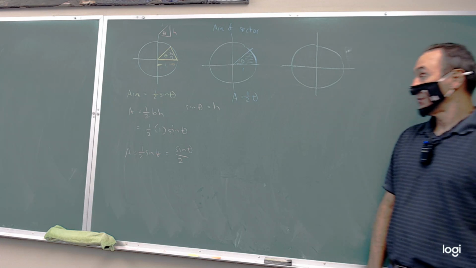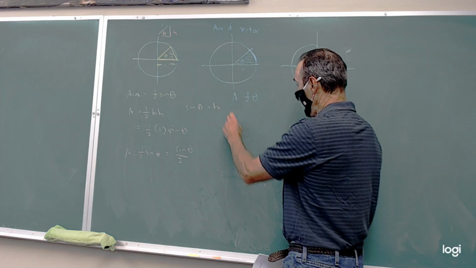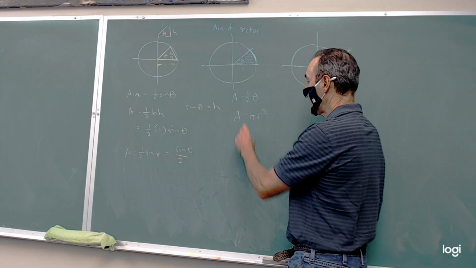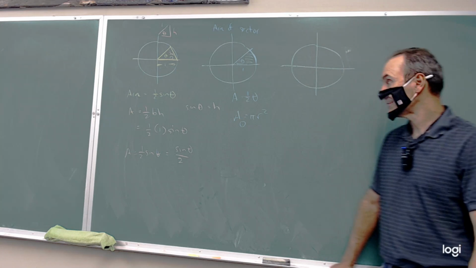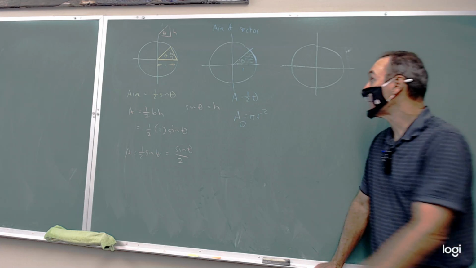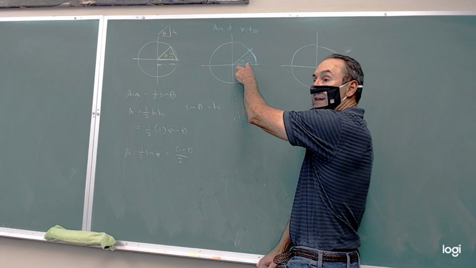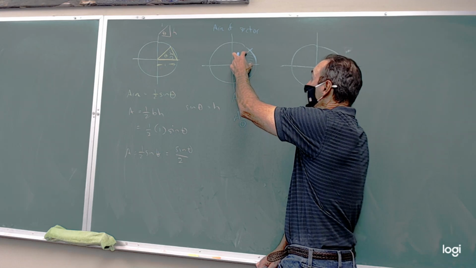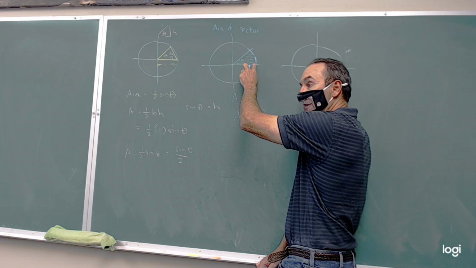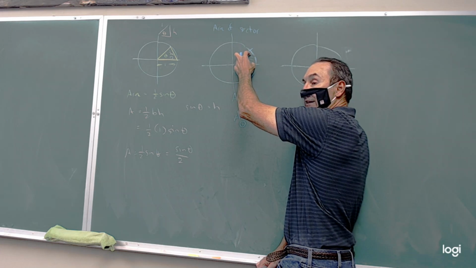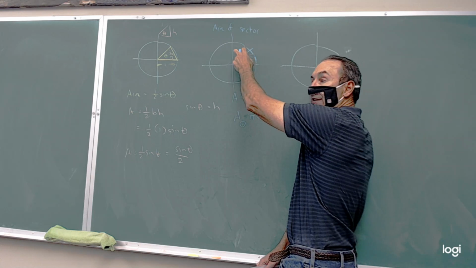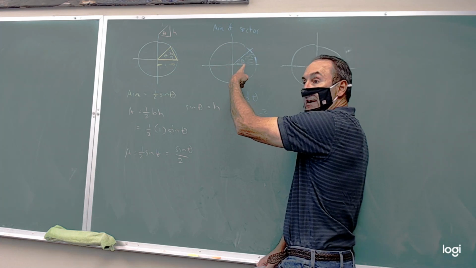Okay? So we know that the area of the whole circle is pi r squared. We know that if we were in degrees, and this angle is theta, the fraction of the circle that that slice of pizza is going to be is theta over 360 times the whole, theta over 360 times pi r squared.